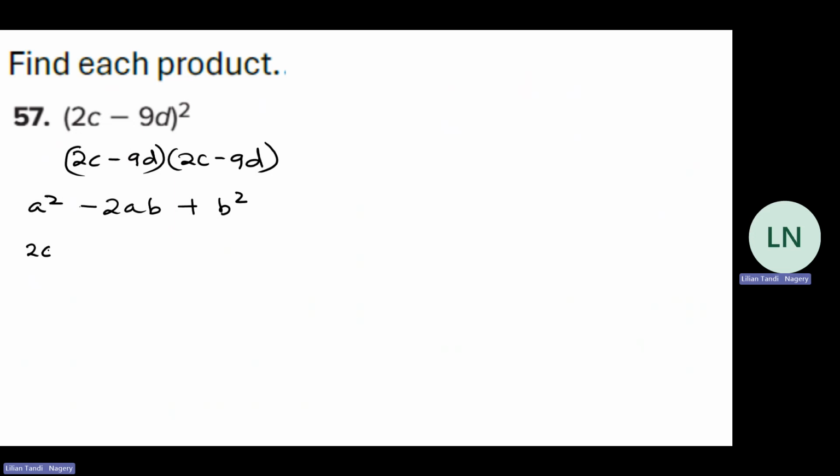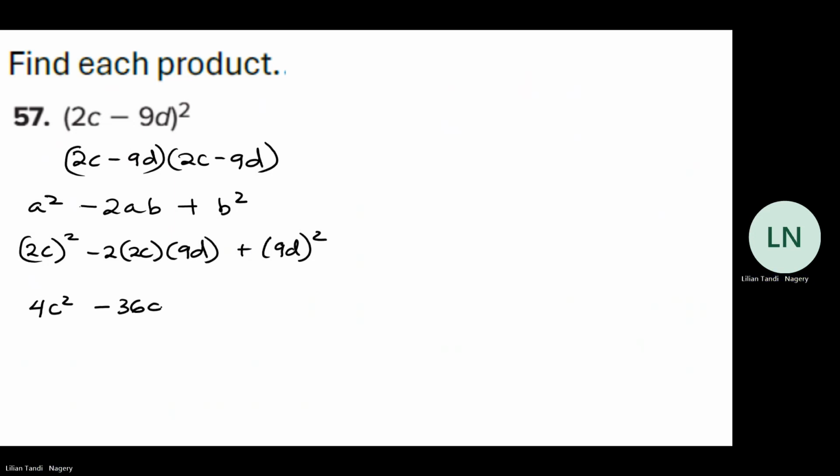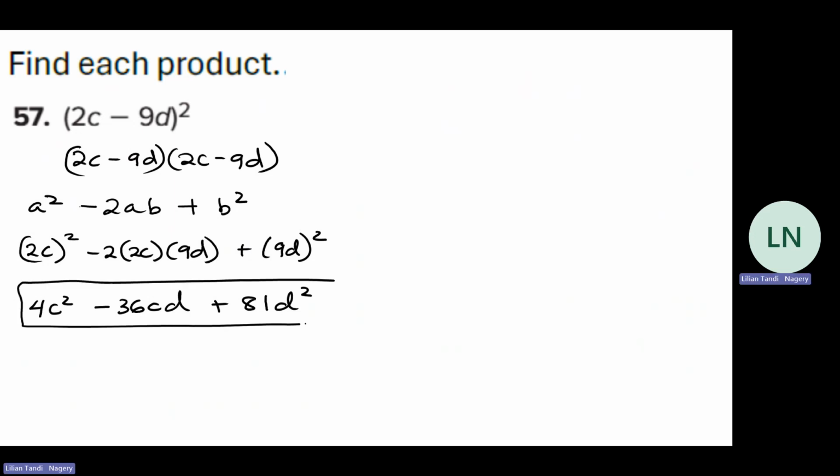A squared is 2c squared, minus 2 times 2c times 9d, plus 9d squared. Okay, this is 4c squared. This is negative 36cd. Okay, and this will be positive 81d squared. And you box your answer.